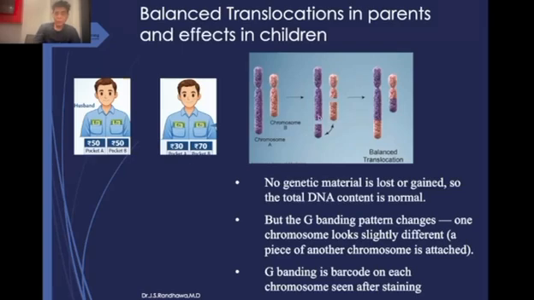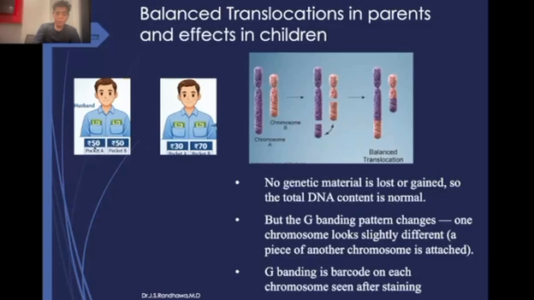Part of, for example, this chromosome breaks and joins this chromosome, and from here it joins this. Now, it may not be the same amount of exchange between the two chromosomes, but still it is called balanced because the total genetic material in the cell remains the same. It doesn't change.